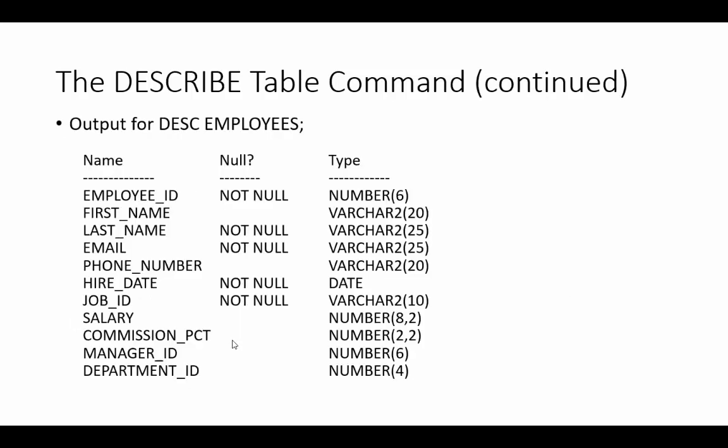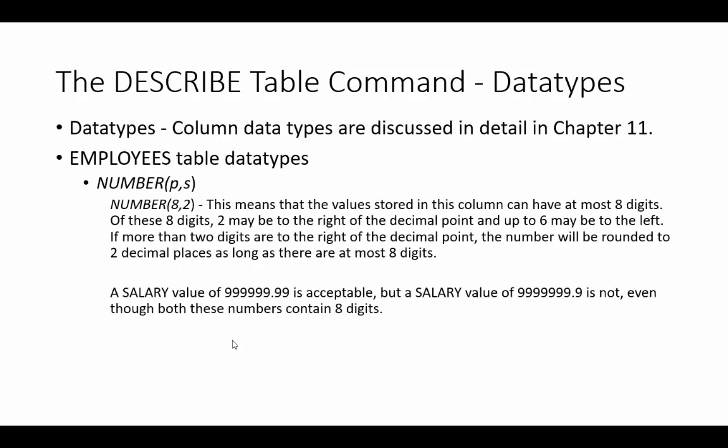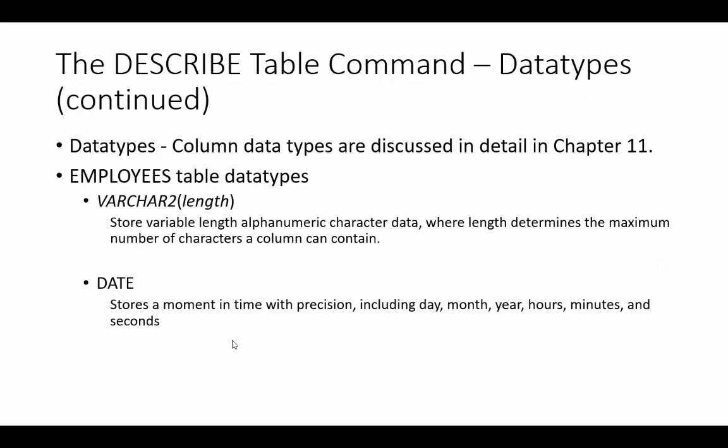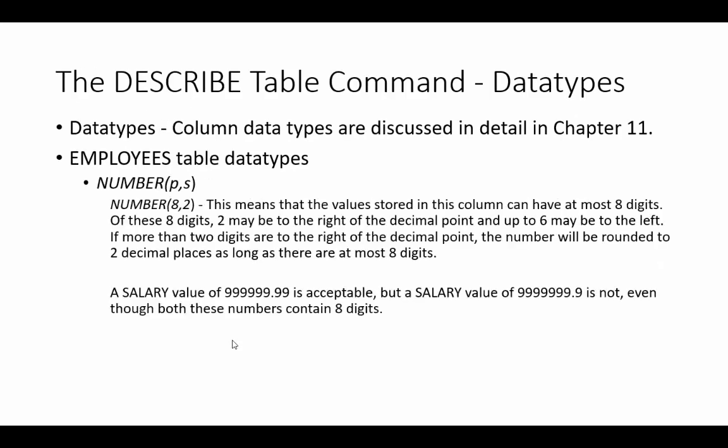Here's a screenshot of the output that we just reviewed. The employees table has the 3 most commonly used data types. It has the NUMBER, it has the VARCHAR2, and it has the DATE.